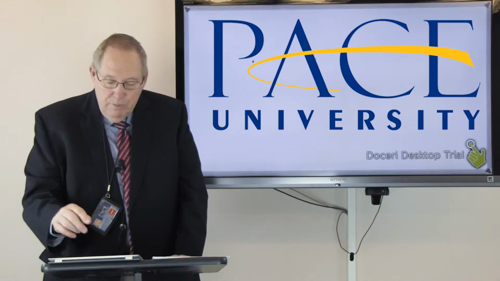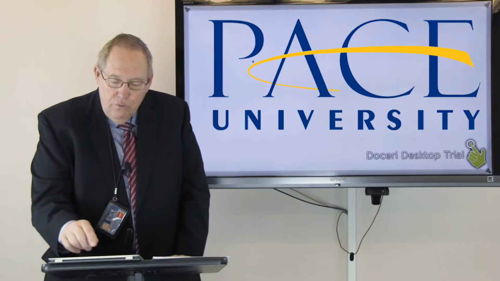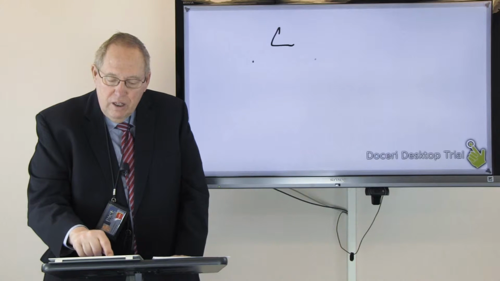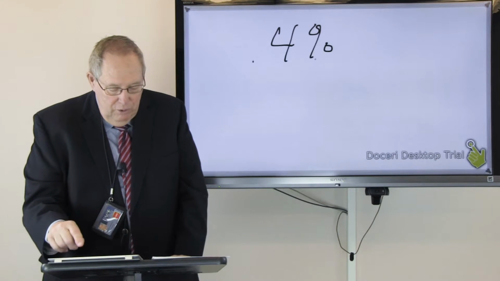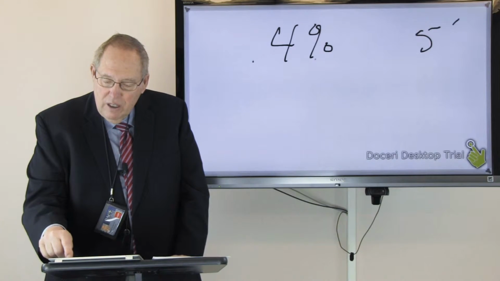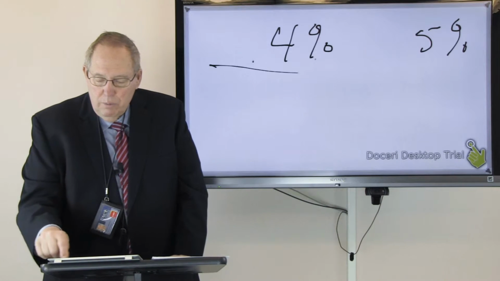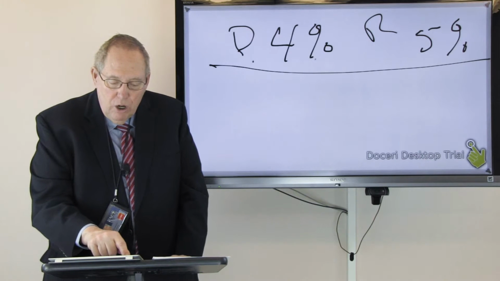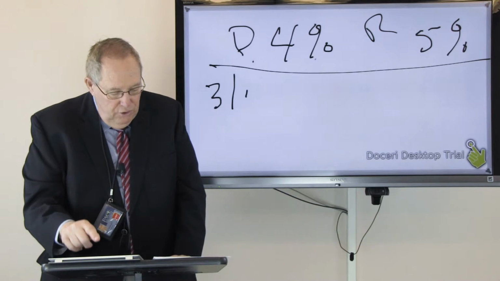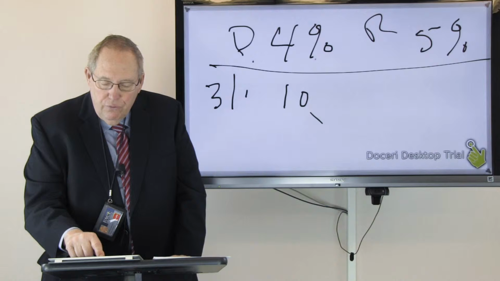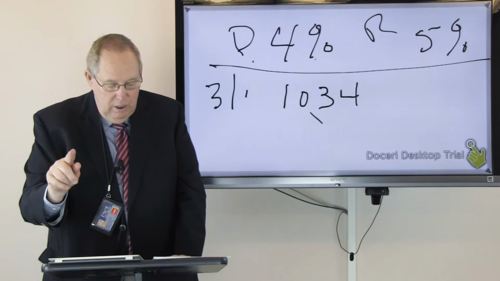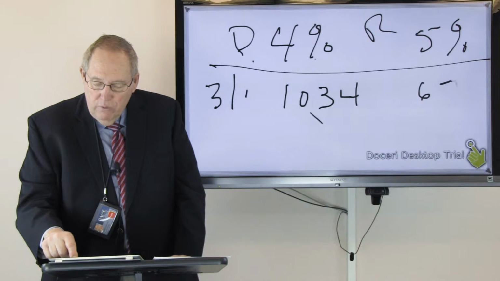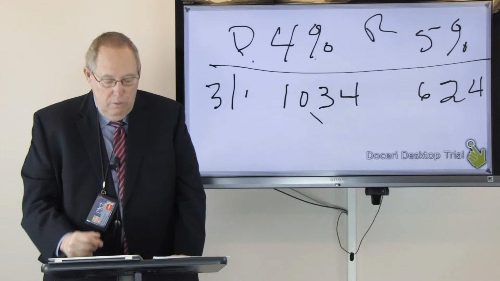Now remember I said that for the first four contests, you're going to have about 4% of your delegates picked for the Democrats and about 5% for the Republicans. Now look what happens when you go to March 1st. March 1st, you're going to have 1,034 delegates picked for the Democrats, and you're going to have 624 picked for the Republicans.